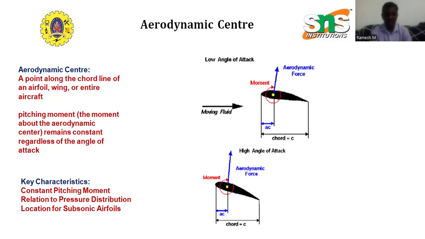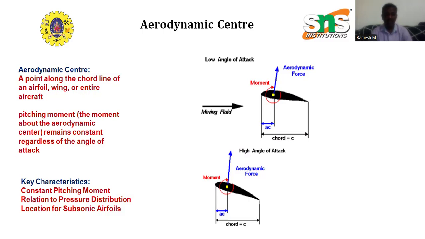Next, independent of angle of attack. Unlike the center of pressure, which moves with changes of the angle of attack, the aerodynamic center remains stationary for a specific airfoil or wing in a given flow regime.